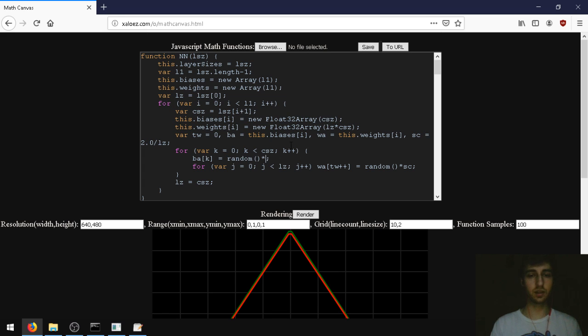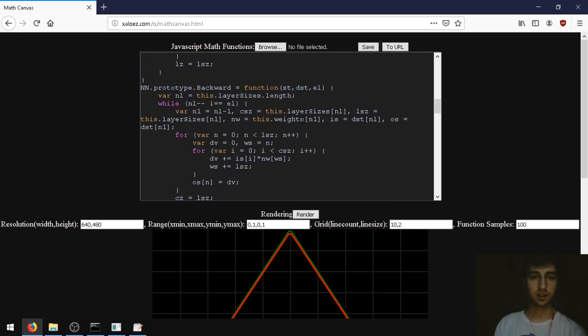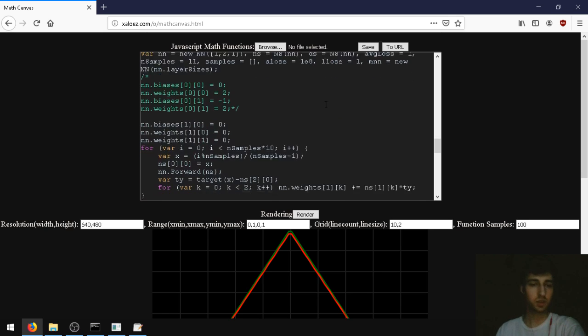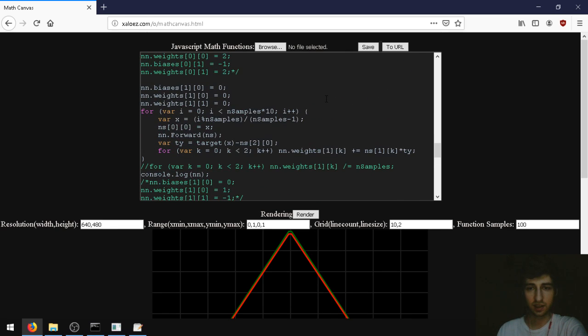So random times 2 minus 1, then weights times 2 minus 1. So this is the really difficult part, is weights are going to be well above 1. So randomly generating the weights for this would be really difficult.